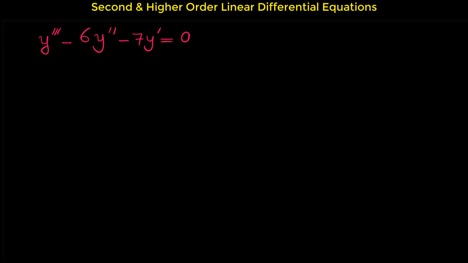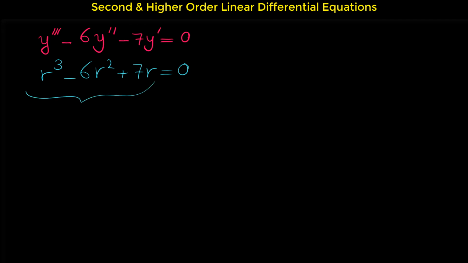This differential equation is of the third order because we have y triple prime. And the characteristic equation for this equation is r to the 3 minus 6r squared plus 7r equals 0.